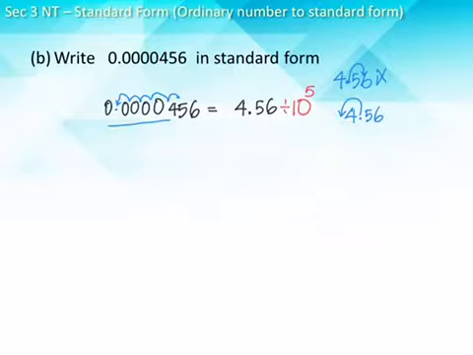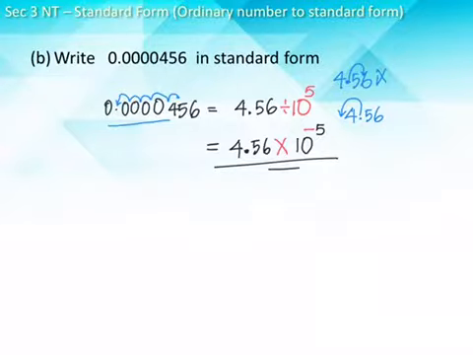And because standard form wants us to have multiplication, I will need to have 4.56, but I'm going to change my division to multiplication, and as a result, this will be 10 to the power of minus 5. And this will be the final answer.